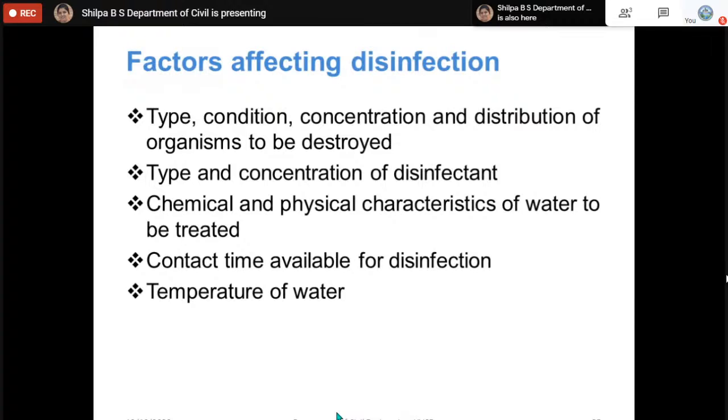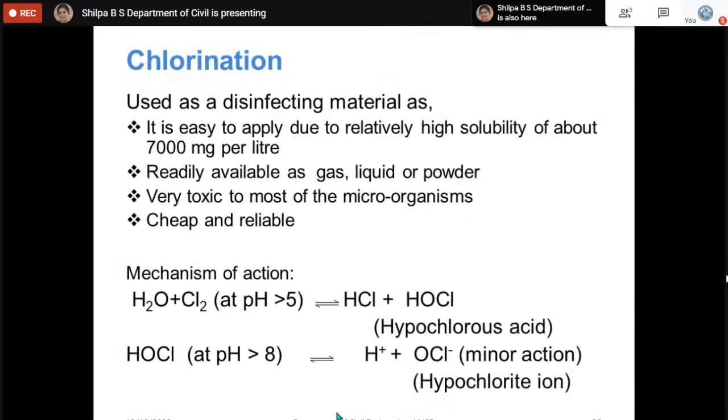So the important factors that affect the disinfection process are the type, condition, concentration, and the distribution of organisms, type and concentration of the disinfectant that we are applying, chemical and physical characteristics of the water that we are going to treat, the contact time that we are giving, and the most important is temperature.